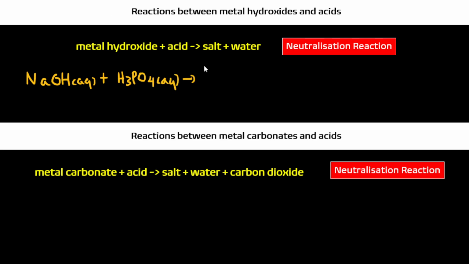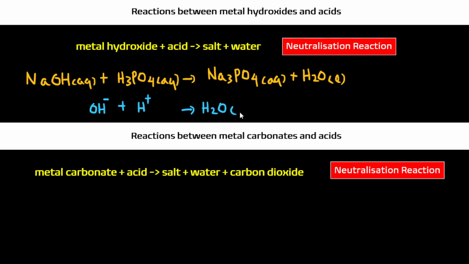So what salt will we produce? Sodium phosphate, Na3PO4 aqueous, plus water, which is a liquid. Okay, and this is also a neutralization reaction because the base, or the OH minus from sodium hydroxide, has neutralized the H plus ions from H3PO4 in order to form water, which is a liquid. Okay, and you should know how to balance this equation by yourself.